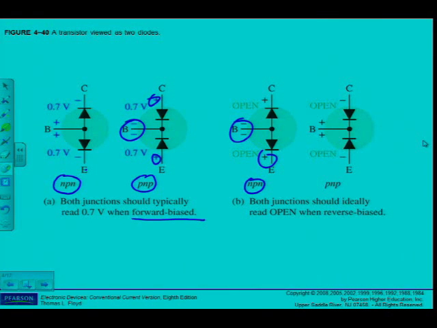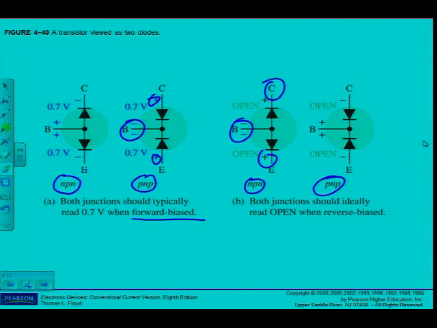So it depends on how old the meter is that you work with. And the same, of course, with the base collector junction when that's reverse biased. It should act as an open, and of course again the opposite for the PNP transistor.